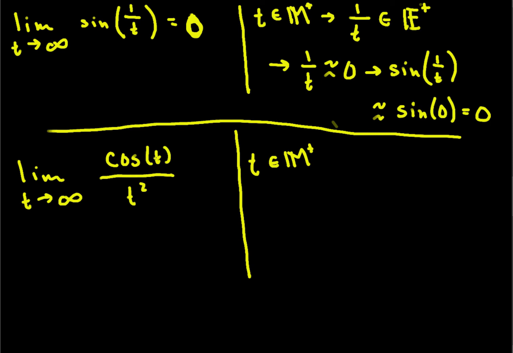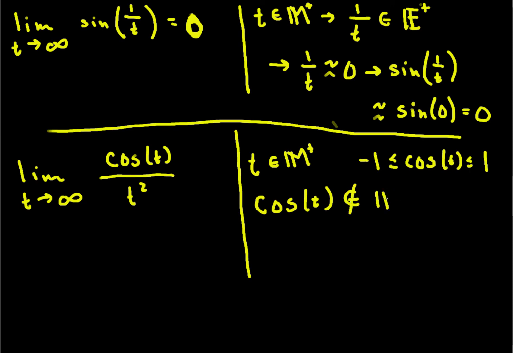Well, cosine, we know, oscillates back and forth between -1 and 1. So -1 is less than or equal to cosine of t, less than or equal to 1. So cosine is bounded above by 1 and bounded below by -1. So cosine of t is not infinite. Even if t is infinite, cosine of t is not an infinite number. So it's finite, possibly infinitesimal, but it's finite.